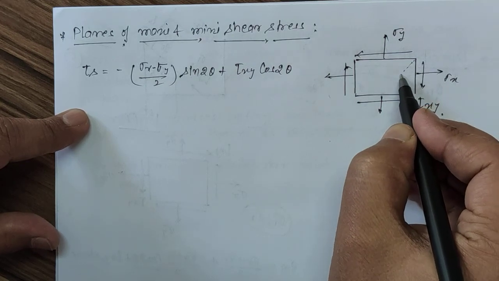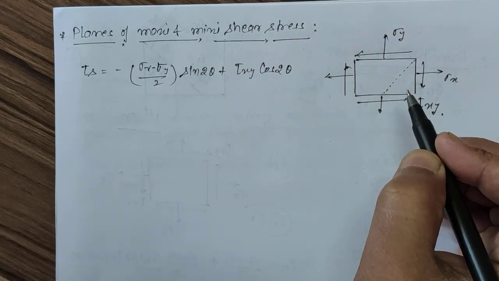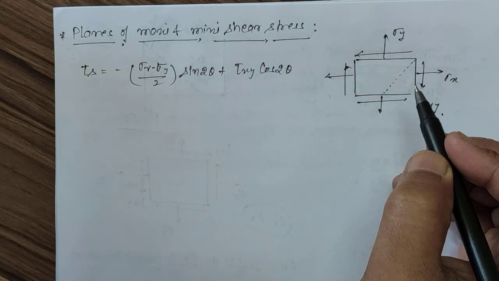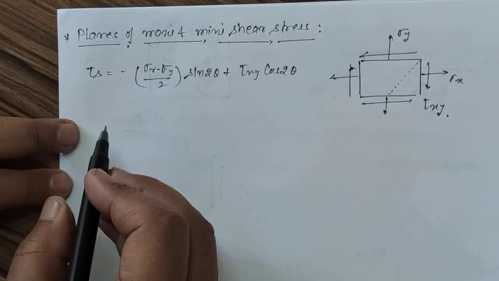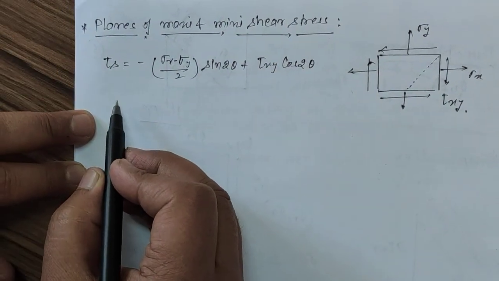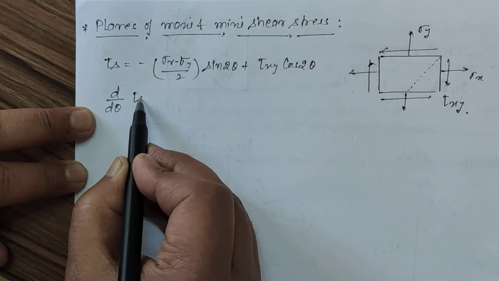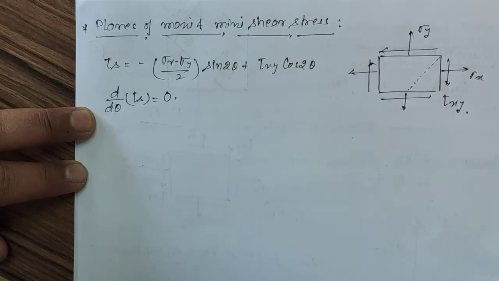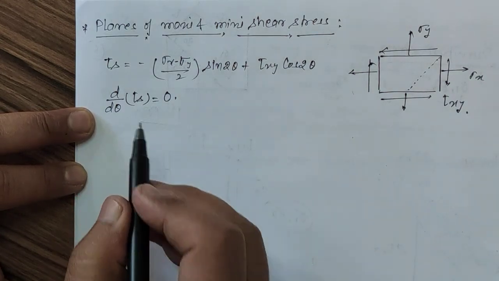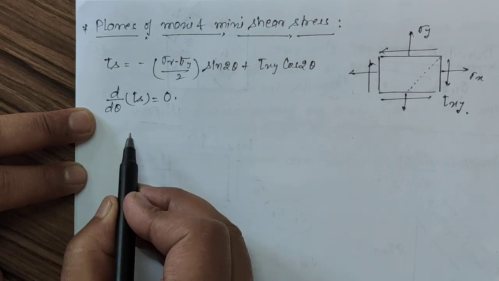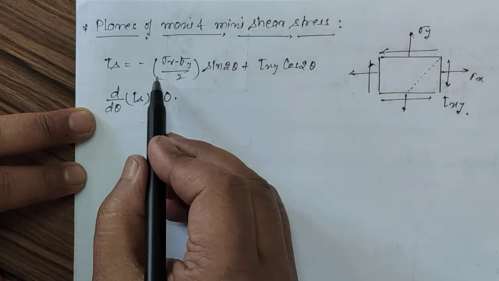If we have to calculate the location of the plane on which the shear stress is maximum, we will differentiate this equation, d by d theta of tau s equal to 0.